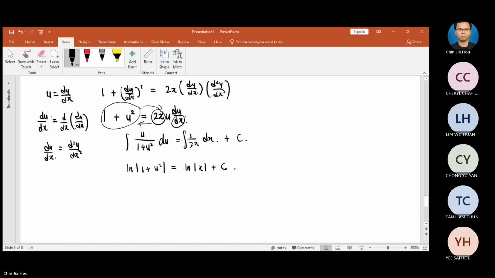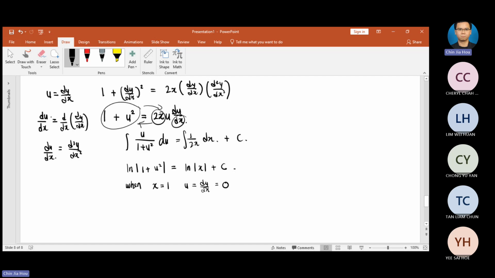So here, when x equals 1, our u, which is dy/dx, is given as 0. Read the question, you notice that dy/dx is equal to 0. We are asked to substitute it using u. So whenever you see u, it is dy/dx, so it is 0.